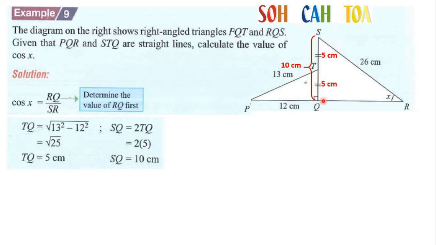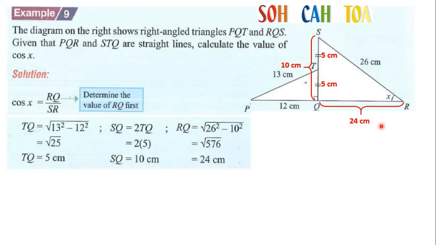Okay. Now, can you find the length of QR? Yeah, the length of QR. Okay, it is square root of 26 square minus 10 square. So QR is 24 centimeter.